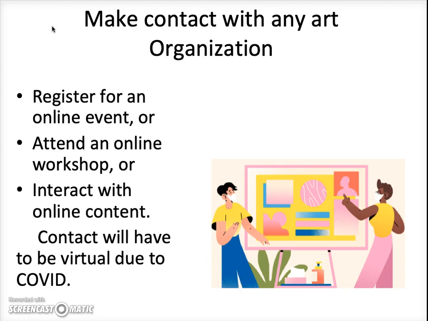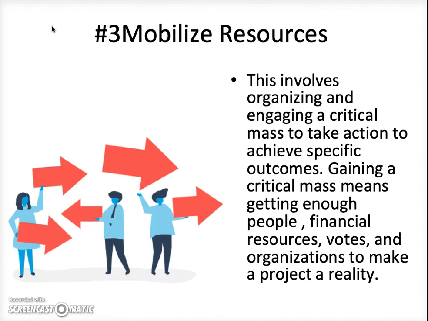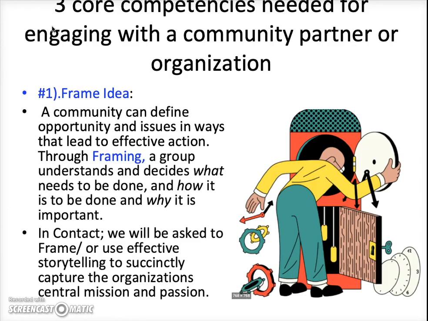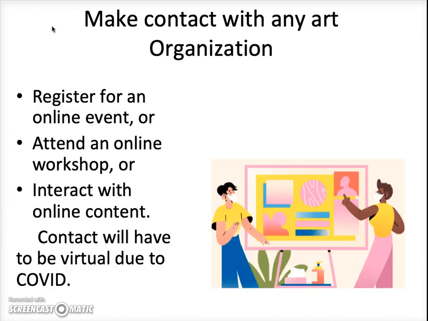Any way that you can interact with your organization in a meaningful way, you'll work on those 3 competencies. You'll build trust, right? You'll mobilize resources, and you'll be able to start framing what that organization's passions and ideas are. Okay? Okay, good luck.